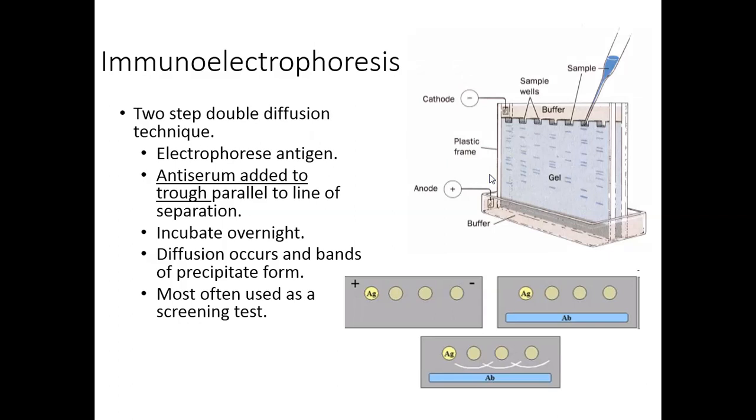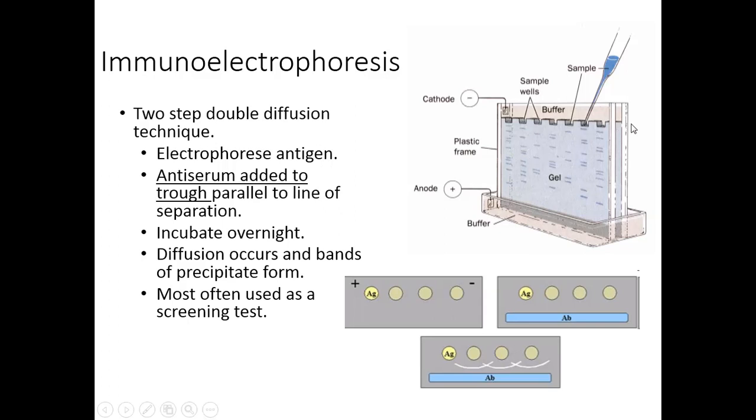Immunoelectrophoresis is a two-dimensional electrophoretic diffusion technique, and how this works is that antigens get separated based on their electrophoretic mobility. So we're going to electrophorese the antigen, and instead of adding the antiserum to the agar, we add it to a trough.